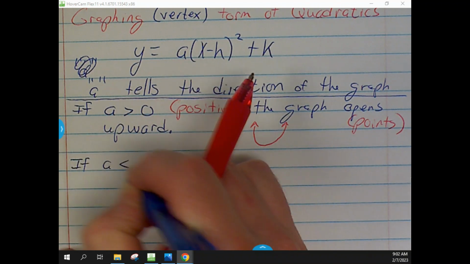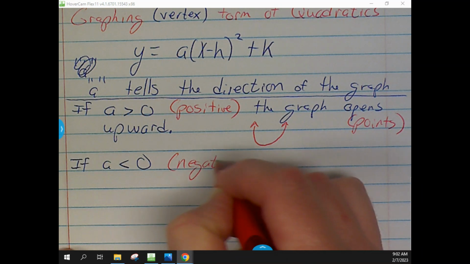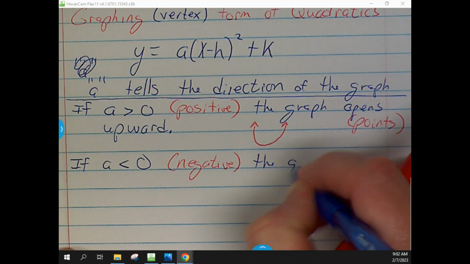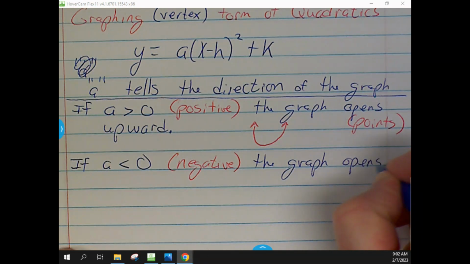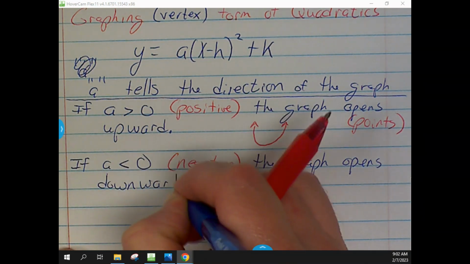Whereas if a is less than 0, if a is negative, the graph opens down.